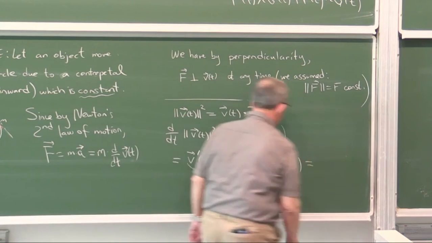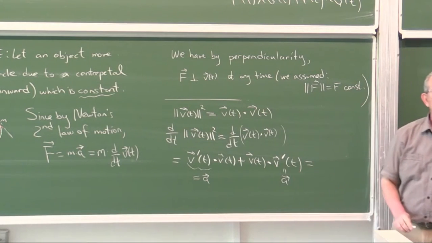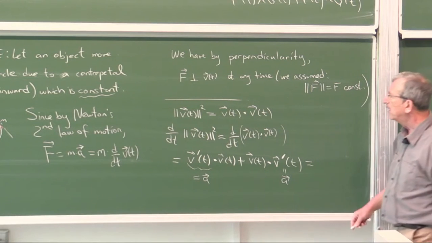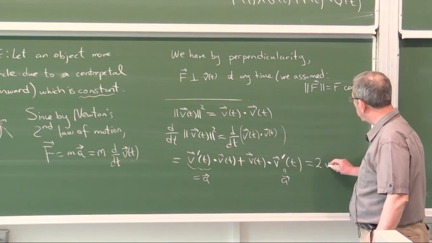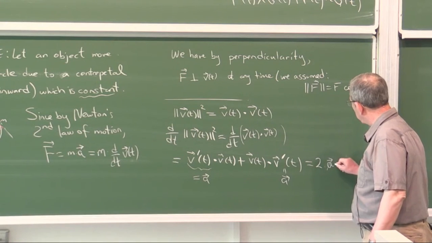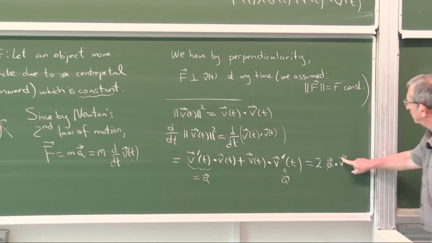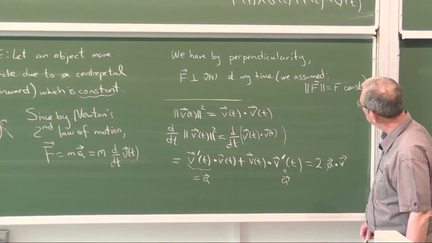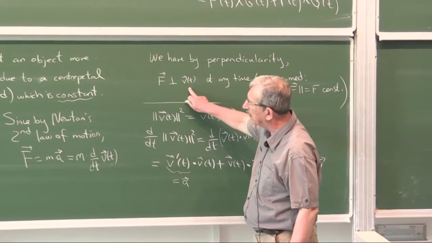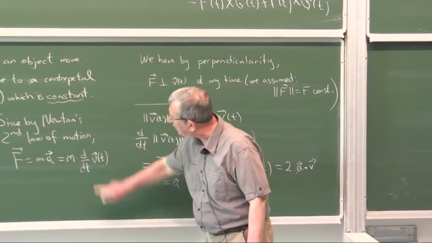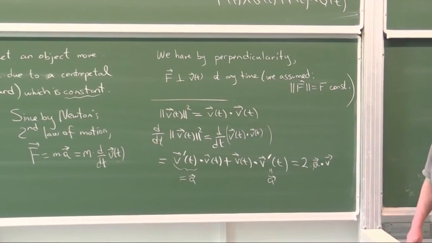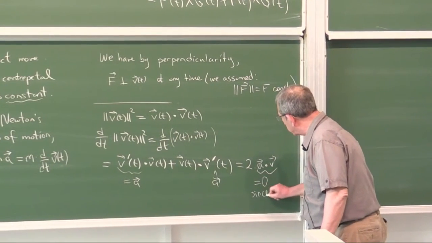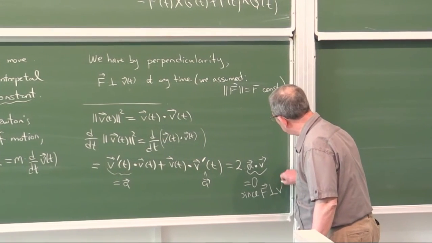In fact, because the dot product is commutative, you can change the places of the vectors in a dot product and nothing will change. This is 2 times the derivative vector dot the velocity vector. Both of them depend on t. Well, we just said that the force is perpendicular to v, but the force is a scalar multiple of the acceleration. And so this is 0 since F is perpendicular to v.